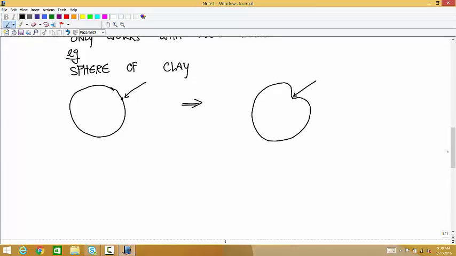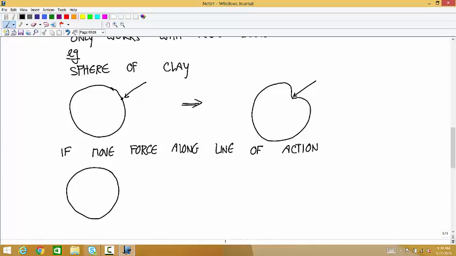If you move that force along its line of action, so you start with this sphere, and the line of action of that force is this.